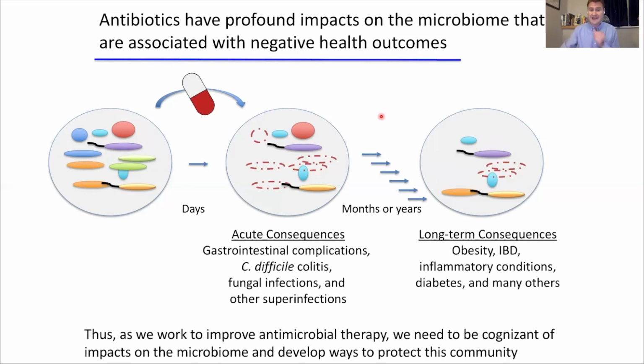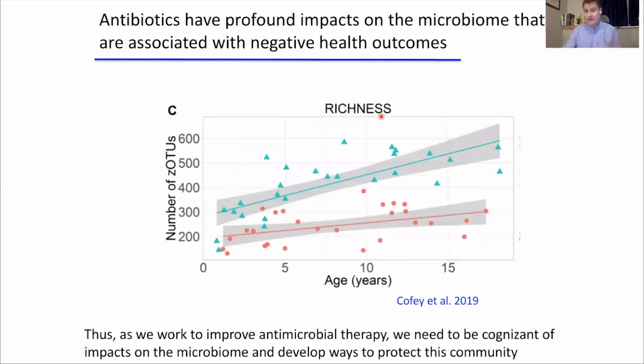Thus, as we work to improve antimicrobial therapy, we need to be cognizant of the impacts on the microbiome and find ways to protect this community. And that is probably really important in CF patients as well.